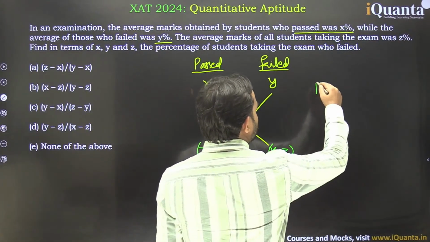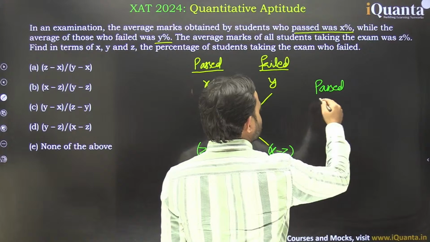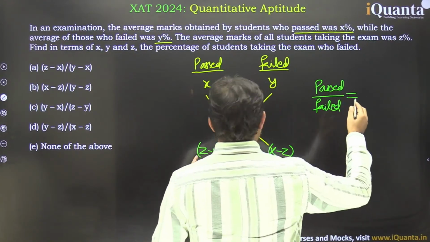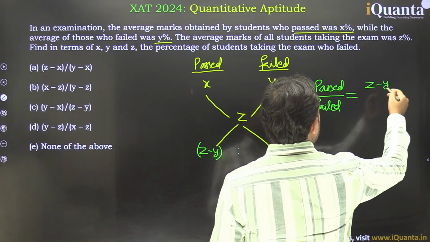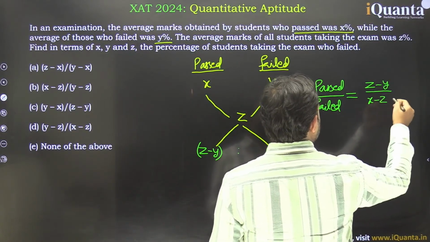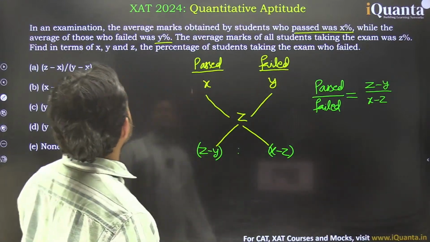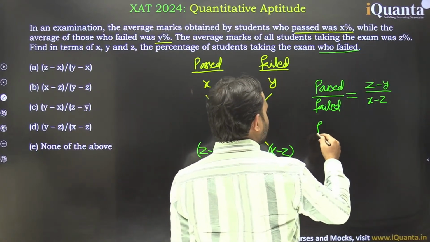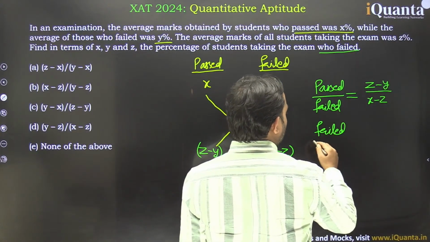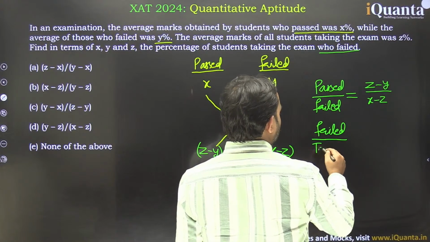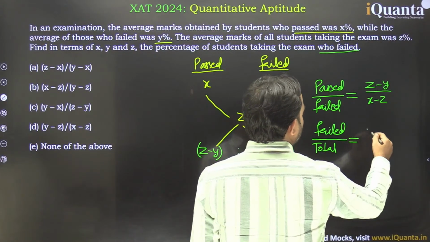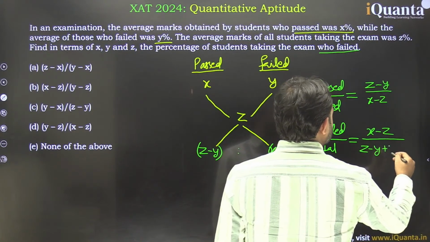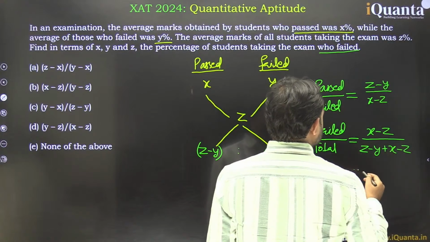So we can say the number of students who passed upon the number of students who failed will be equal to Z minus Y upon X minus Z. It asks for the percentage of students who failed. So failed upon pass plus failed, or total, will be equal to X minus Z divided by Z minus Y plus X minus Z. So X cancels out.